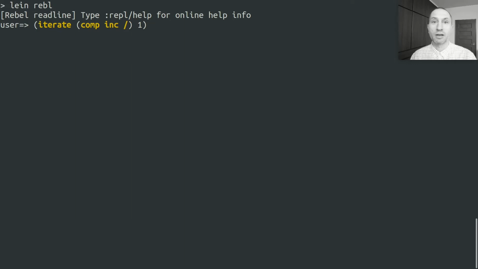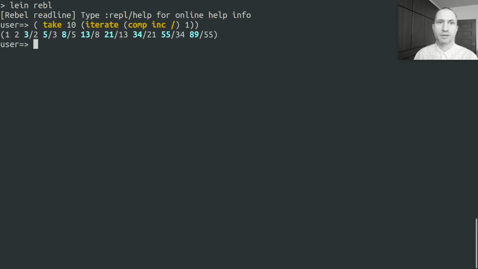Okay, it was something like this, but this will be a lazily evaluated infinite list, so we don't want to print this. Let's just take the first 10 out of this, and indeed, these are the ratios converging to the golden ratio.